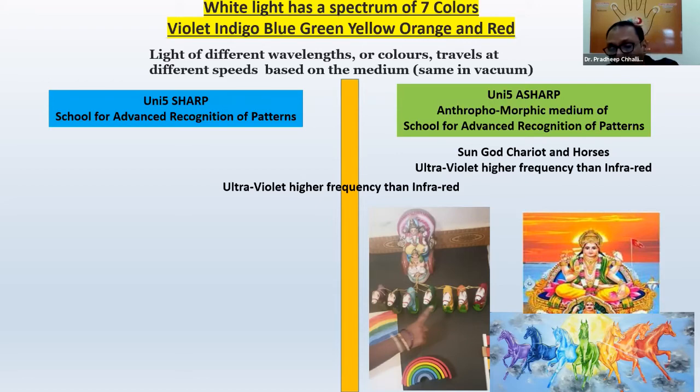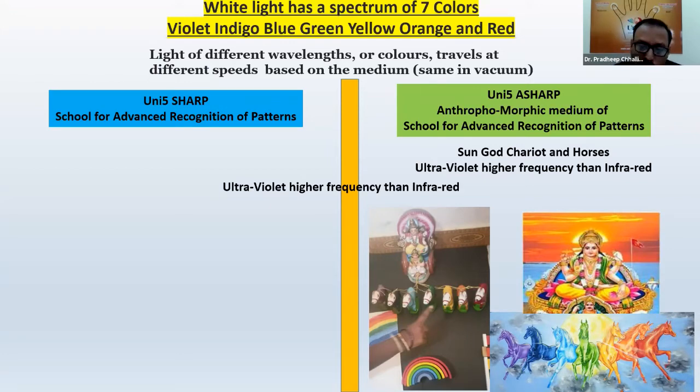You can see the sizes of these horses are different, and we also arrange them in descending order, showing that the ultraviolet ray horse is the fastest and the infrared horse is the slowest. So when they go to higher levels, they will understand ultraviolet light has a higher frequency than infrared.